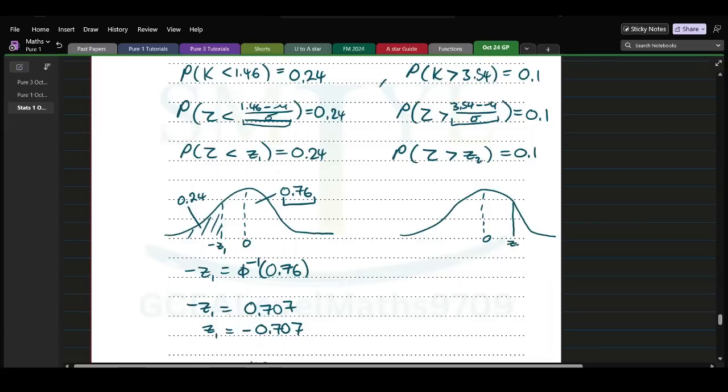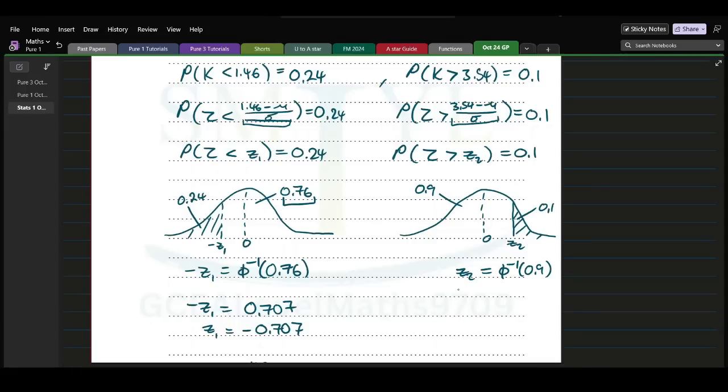This is Z2. From our diagram, we can tell that Z2 is going to be positive. This area is 0.1. The unshaded area is 1 minus 0.1, that's 0.9. So we can use the larger area to find our Z2. So Z2 is equal to arc phi of 0.9. So find the corresponding Z value for an area of 0.9 in the normal distribution tables, and that would be 1.282.